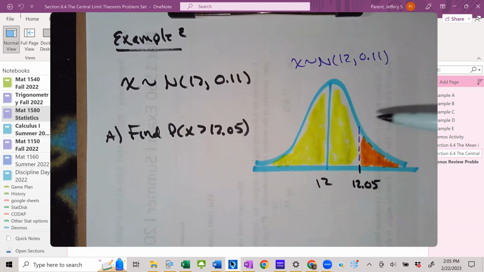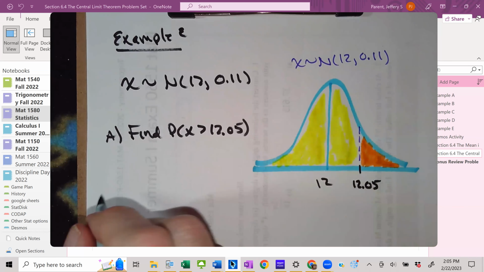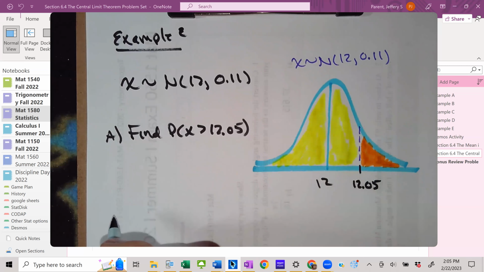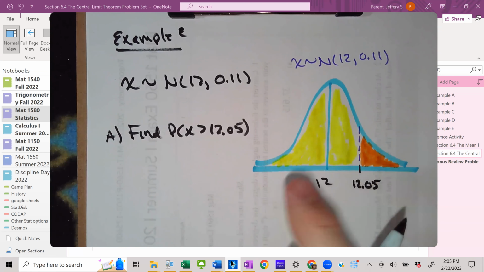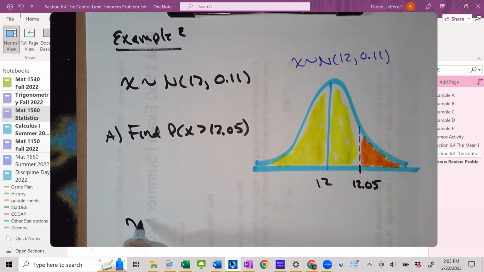Am I going to use norm distribution or norm inverse to find the area? Norm inverse. Do we agree? You're going to use norm distribution because you have the value and you're trying to find the area. Oh, yeah, so Skylar's right. You've got the value and you're trying to find the area. So we're going to use norm distribution.